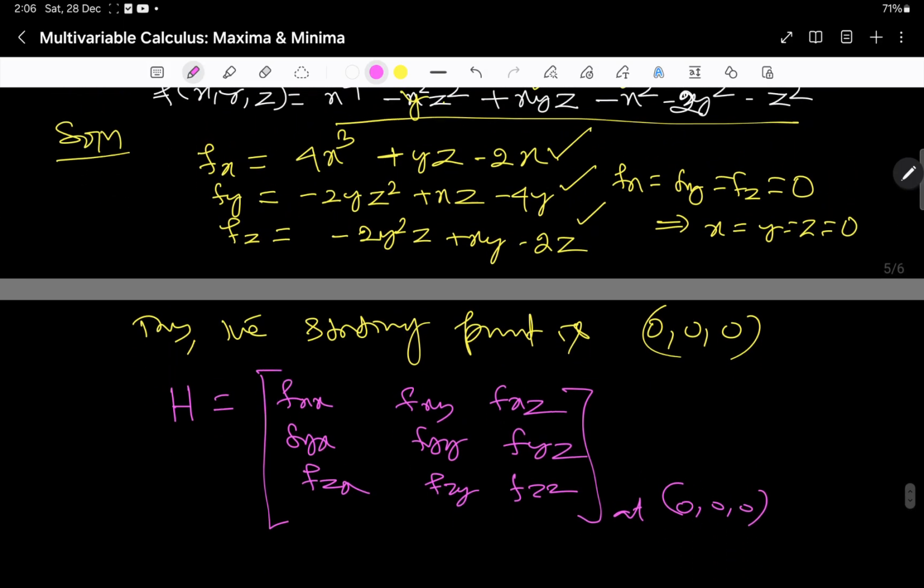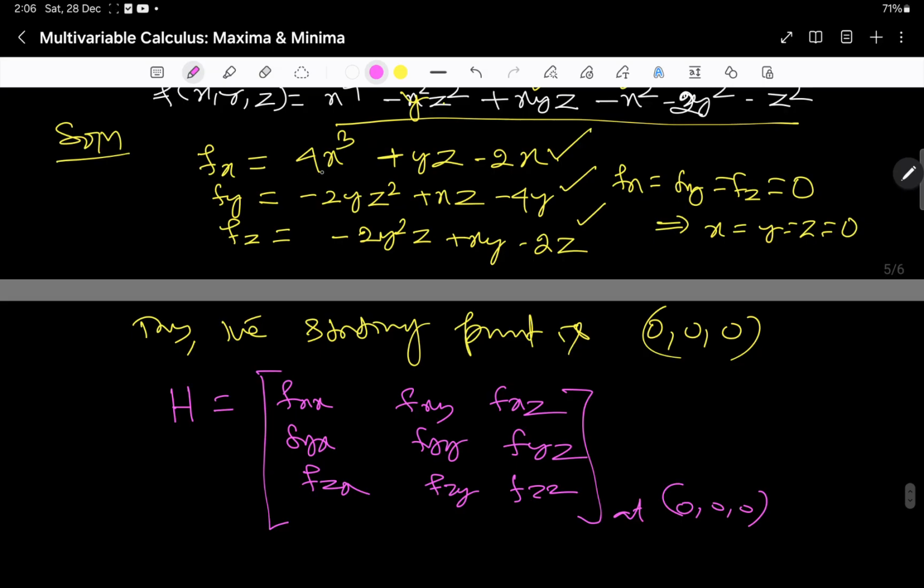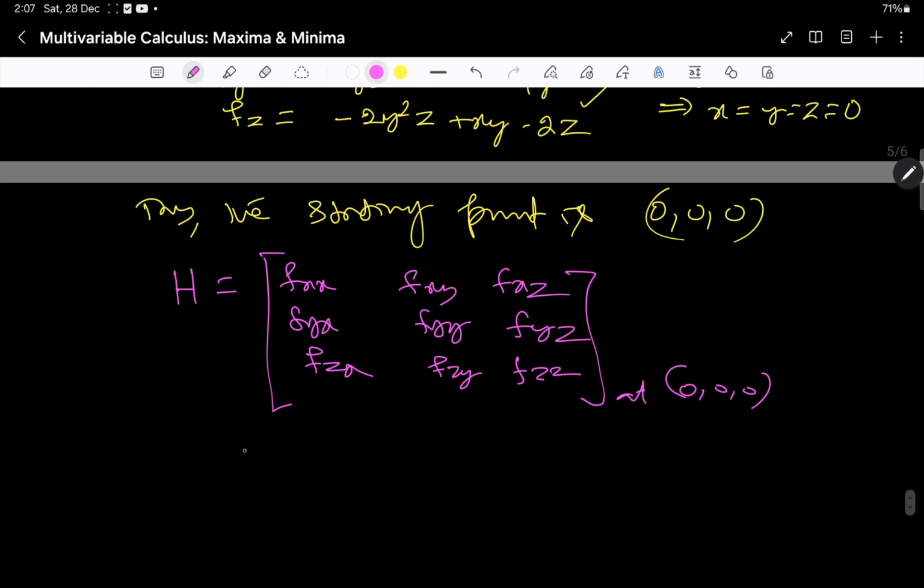If you simplify it, here fxx will be 12x square minus 2. At 0 it is minus 2. So this will be my minus 2. Accordingly this is 0 and this is 0. This is 0, minus 4 and 0. This is 0, 0 and minus 2.